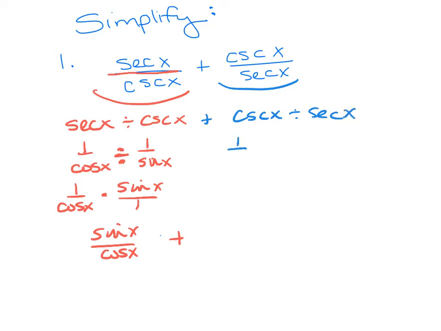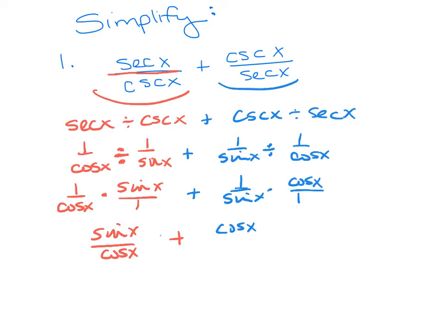Flip it to its reciprocal. Sine x, cosine x. There's plus signs in between each of these. So then keep, flip, change. Sine x, cosine x, and then I get cosine x over sine x.